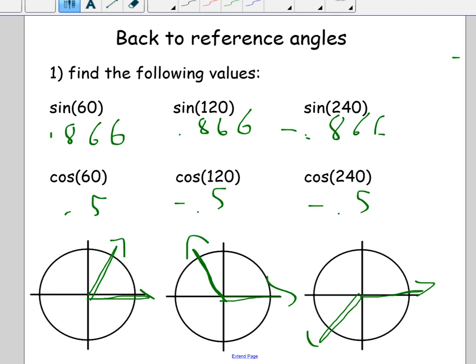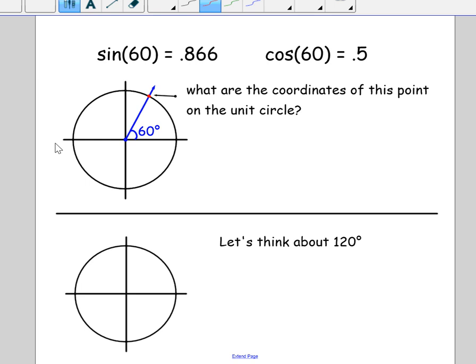What we talked about in the previous video is that all of these share a reference angle of 60 degrees to the nearest x-axis. So let's break down what that means and why having the same reference angle gives them the same sine and cosine values, but sometimes trades up the positive and negative signs.